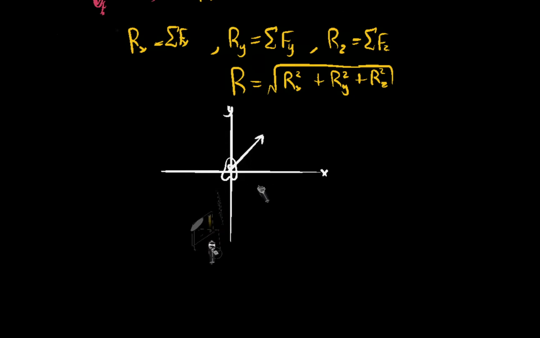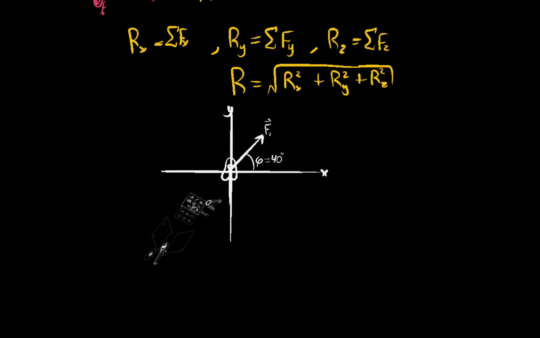We'll call that F1, and it makes an angle here, psi equals 40 degrees. You have another child that is exerting a force vector with their hands down this way.